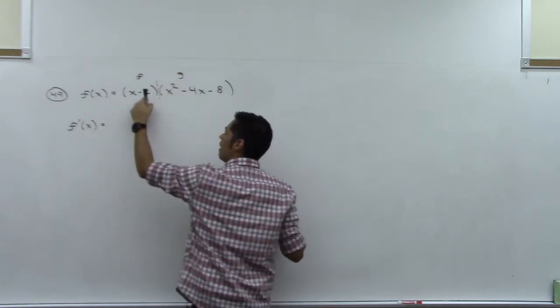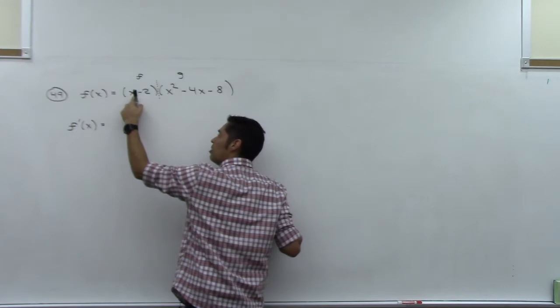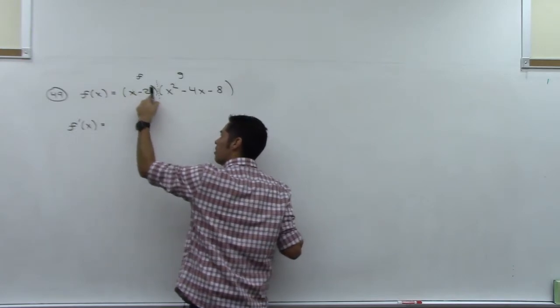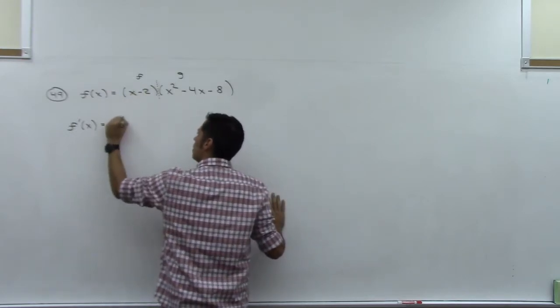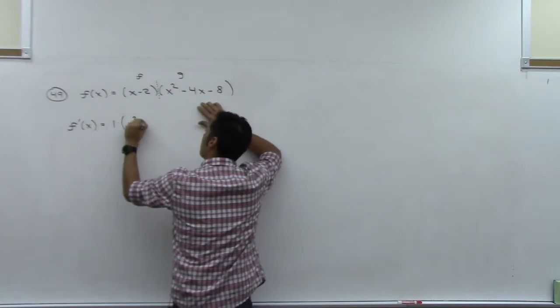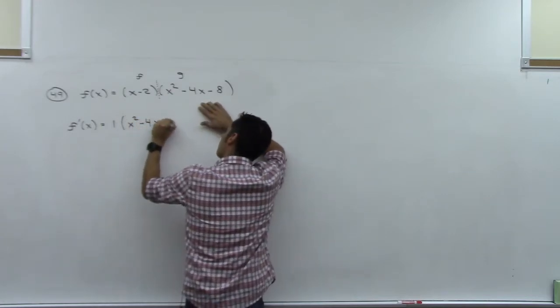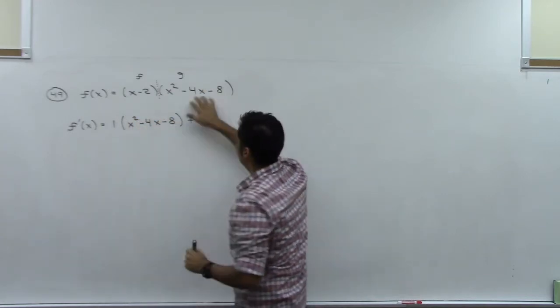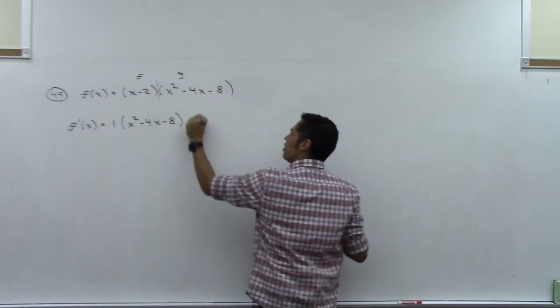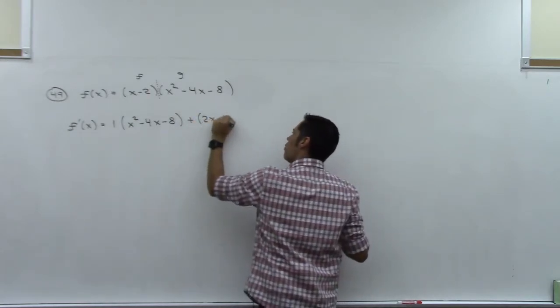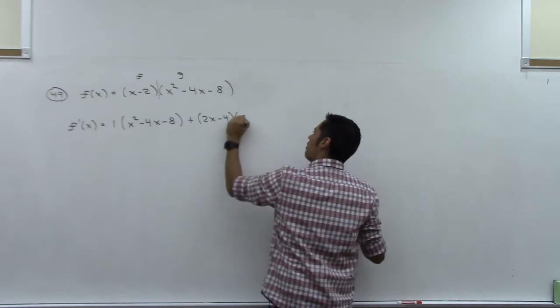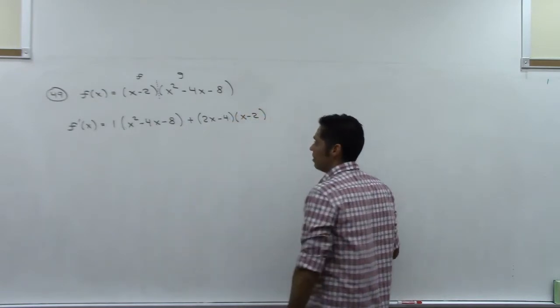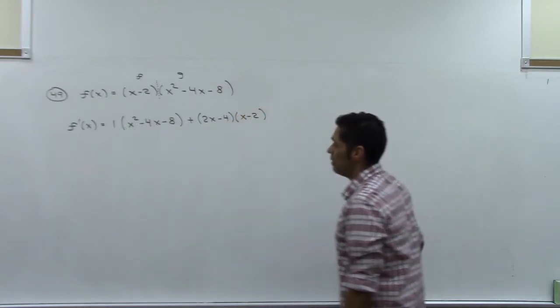So the derivative of f here, the derivative of x, which is 1, minus 0. So this is just 1, times g, plus, now the derivative of g, which is 2x minus 4, times f, which is x minus 2 in parentheses. So that's my first derivative.